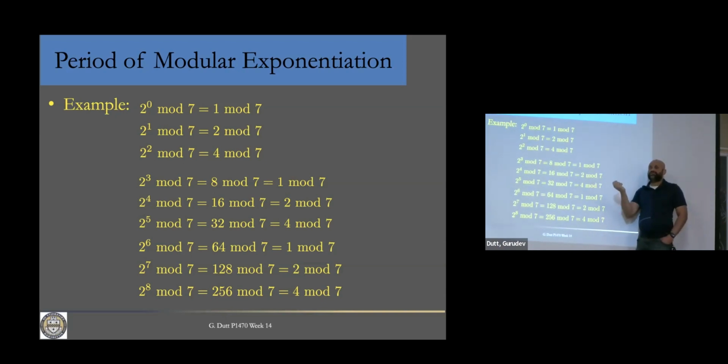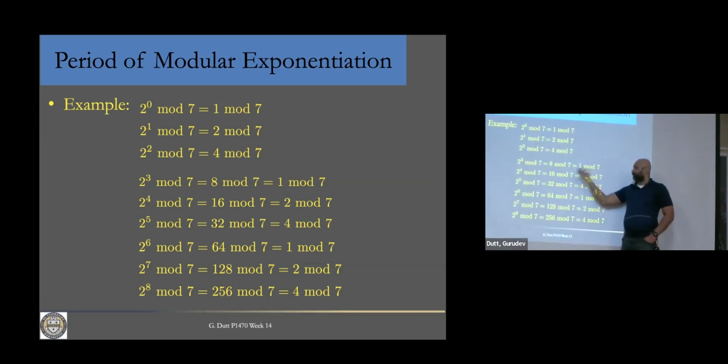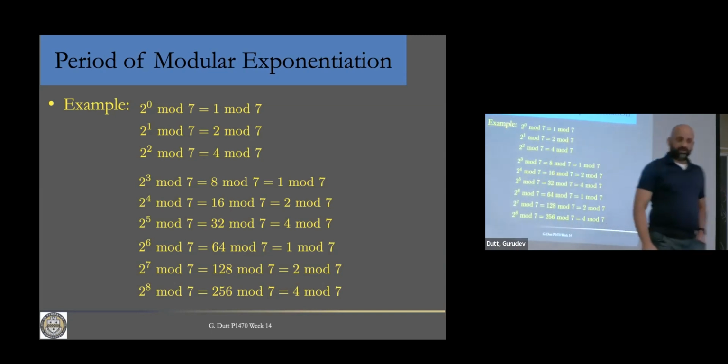So the smallest integer r such that a to the r modulo n is 1 modulo n, where a and n are relatively prime. You can see here 2 and 7 have no common factors except 1.